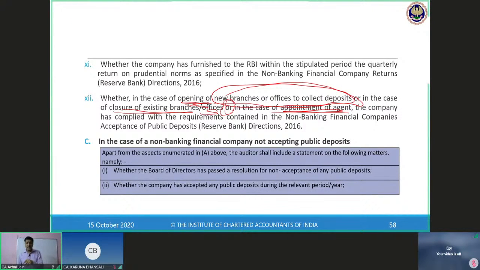Now 3C will apply to NBFCs which are not accepting public deposits. So that means NBFCs which will be covered under 3C will be covering the aspects of 3A as well. We can say requirements under point number 3.